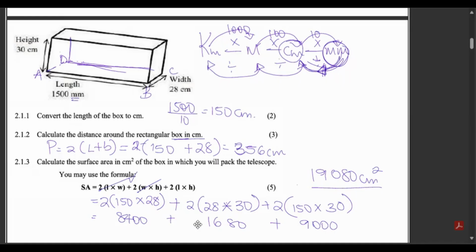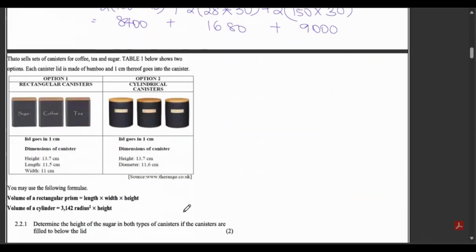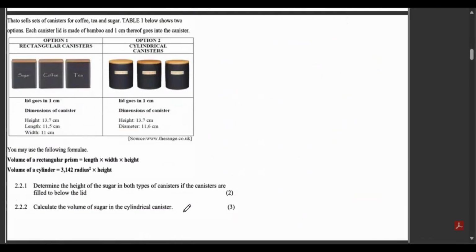Okay. So we continue. We shall see them as we go on. Yes, we look at such. Look at that. Now here we have two items we're talking about. One is cylindrical and the other is rectangular. But they have given us formulas there to deal with.